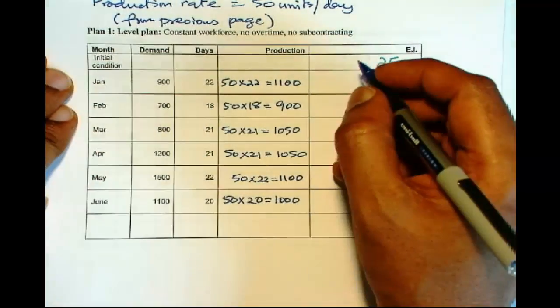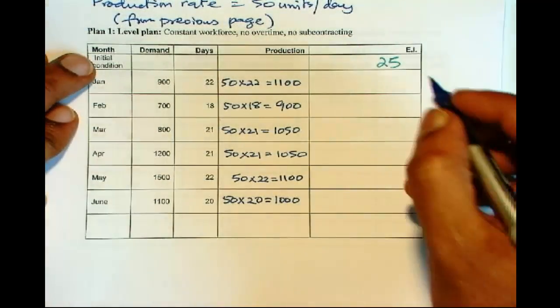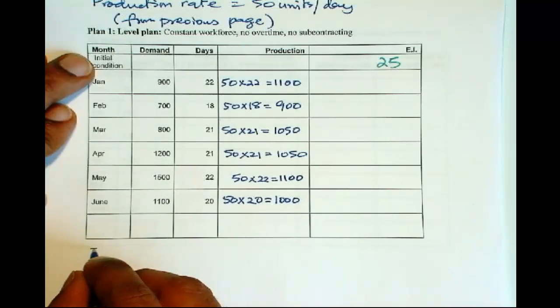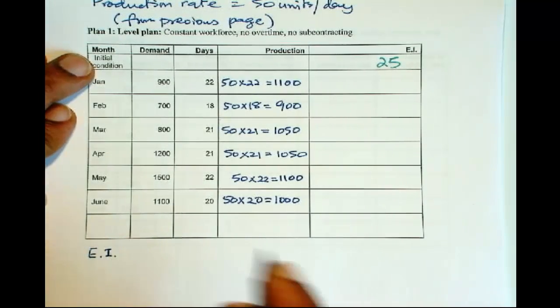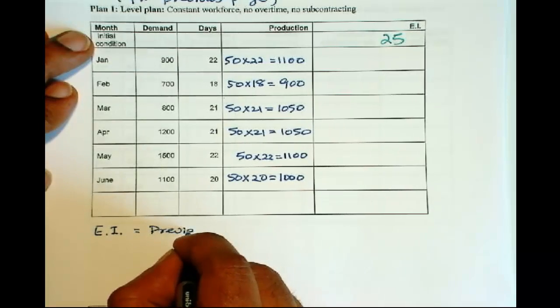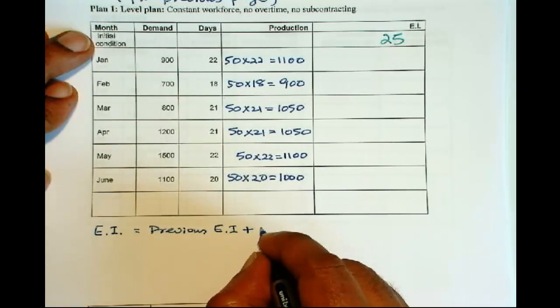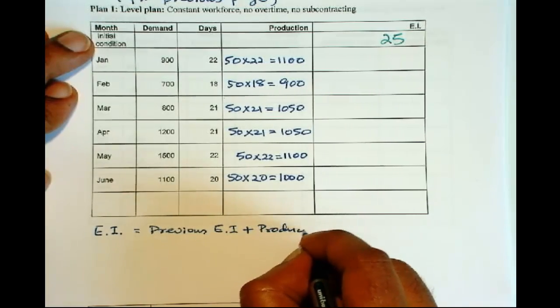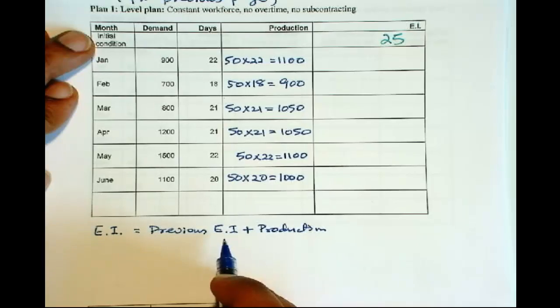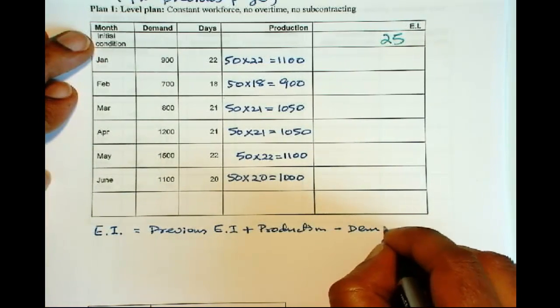So how do you compute ending inventory? Ending inventory, let me write E.I., is previous ending inventory plus production. This is going to be the available inventory. Then subtract demand from it. So that would be the ending inventory.